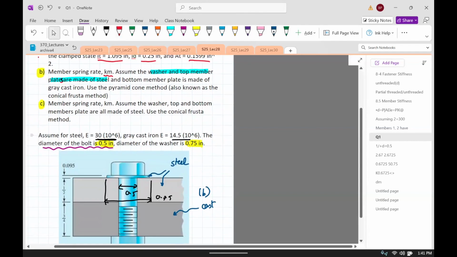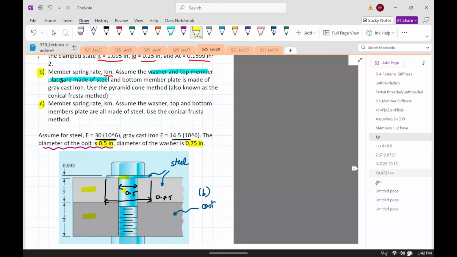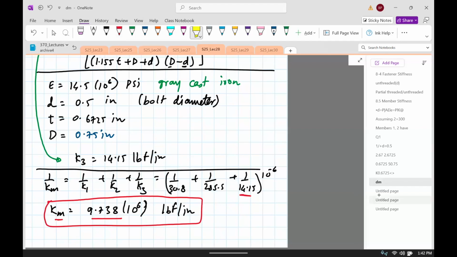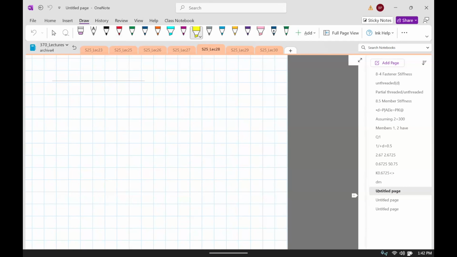Now here, we assume that the washer, the top part, and the bottom part are made of the same material, steel. So in this case, suddenly life becomes much simpler because you can use the fact that they have the same material to think of them as two springs in series.